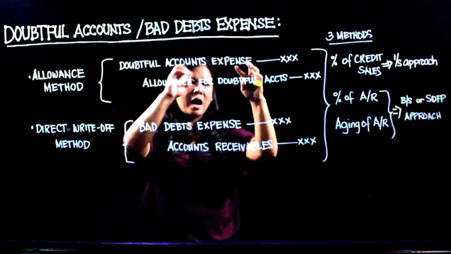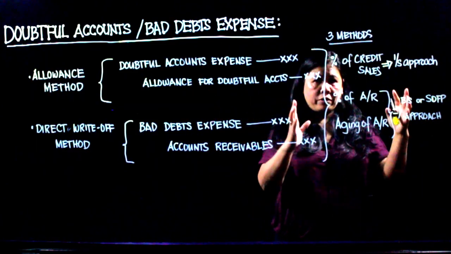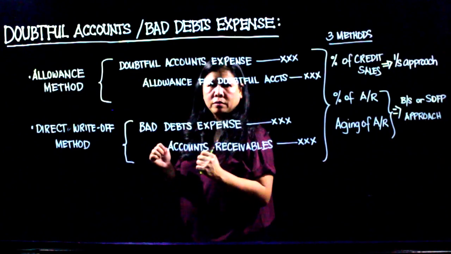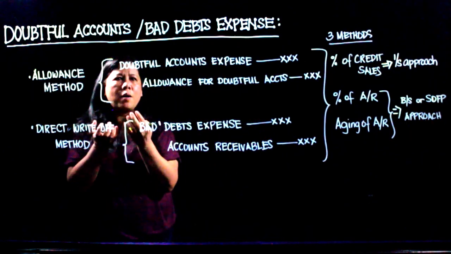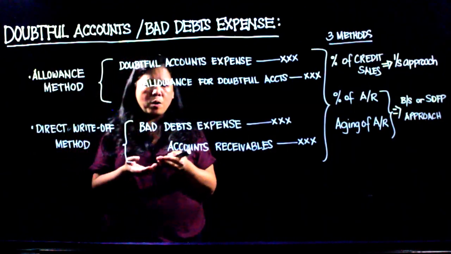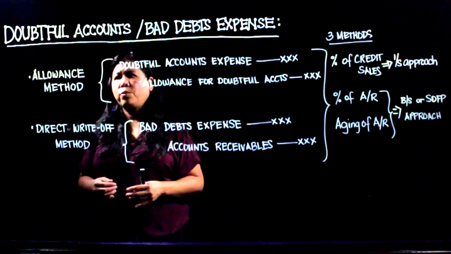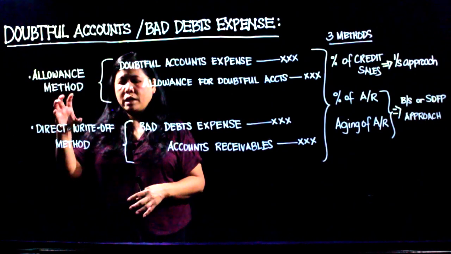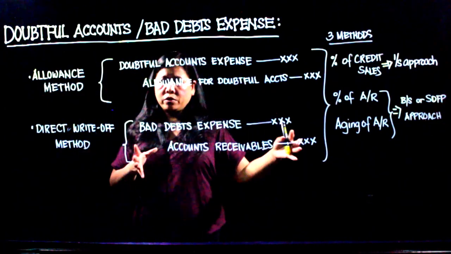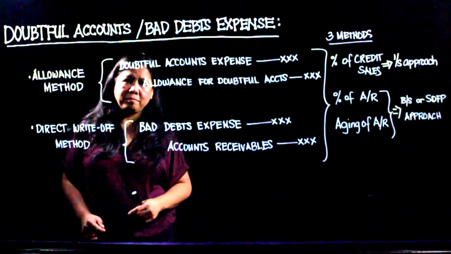For the calculations of the amount of this bad debts expense, we use these methods. So with the allowance method, we set up an allowance for doubtful accounts, and for direct write-off, we directly take the amount from the accounts receivable. We will discuss the allowance method and direct write-off method side by side, so we will understand the journal entry on every transaction.